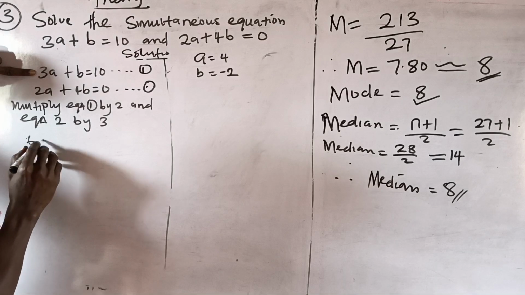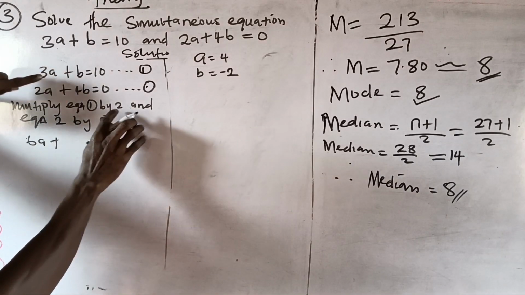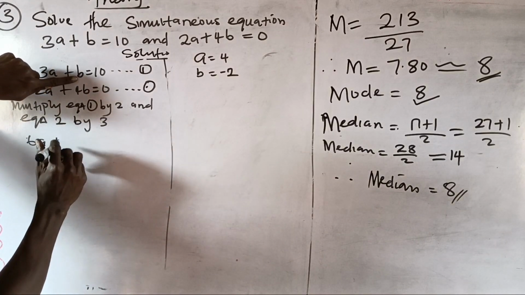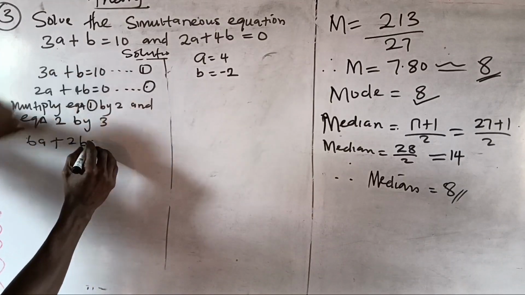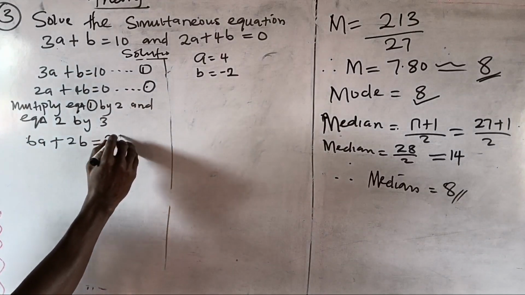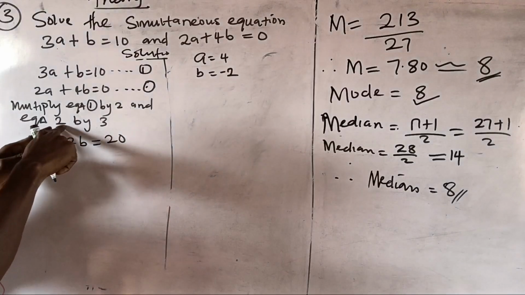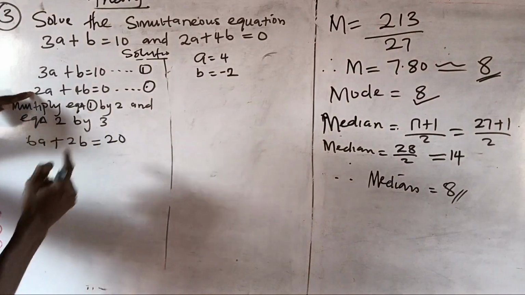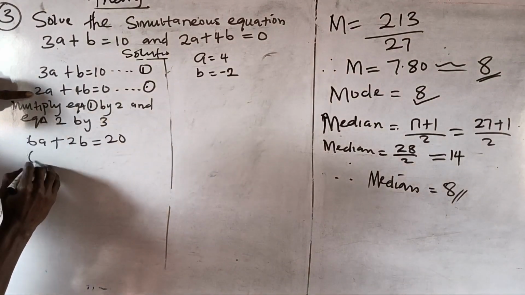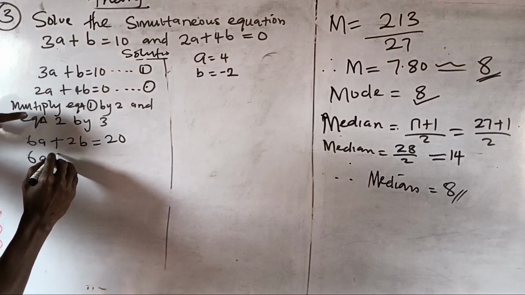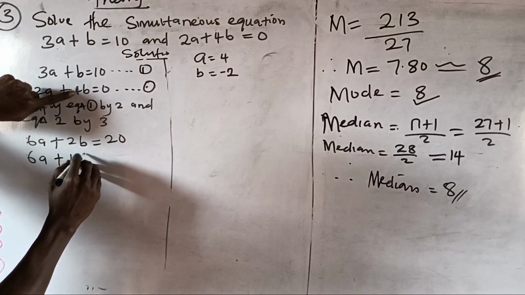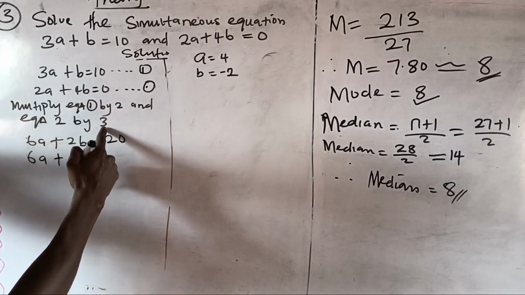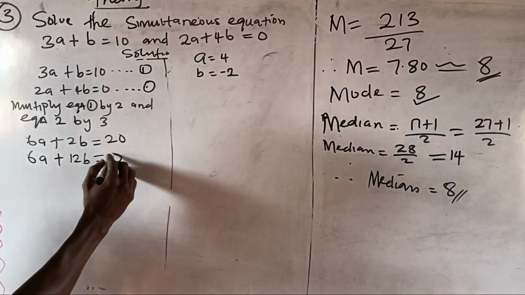Will give me 6a plus 2 times b will give me what? 2b. 2 times 10 will give me what? Will give me 20. So I'm multiplying equation 2 by 3. This is equation 2. 3 times 2a will give me 6a plus 3 times 4b will give me 12b and 3 times 0 will give me 0.